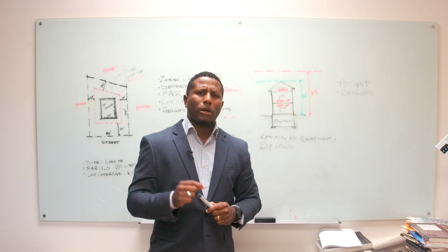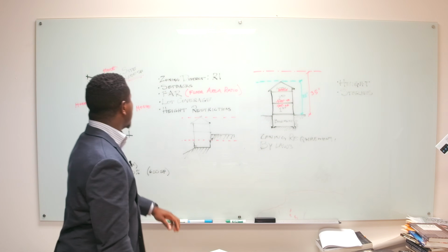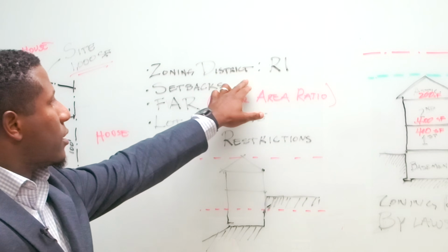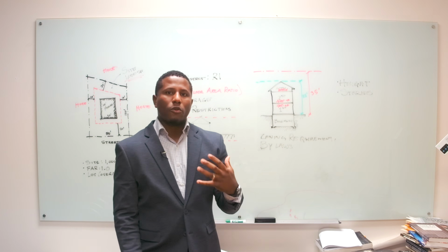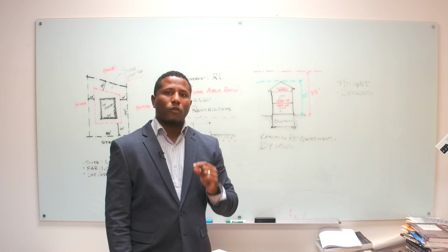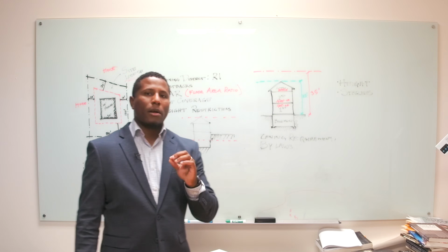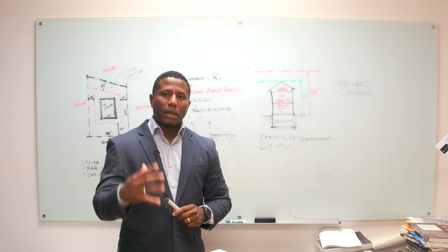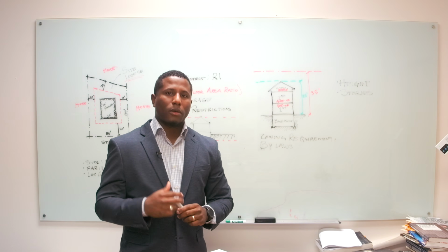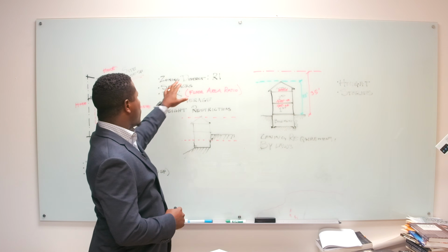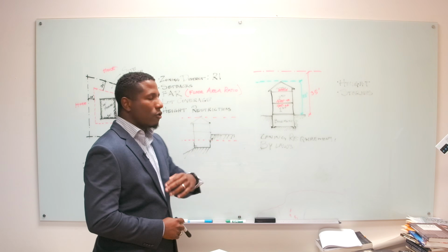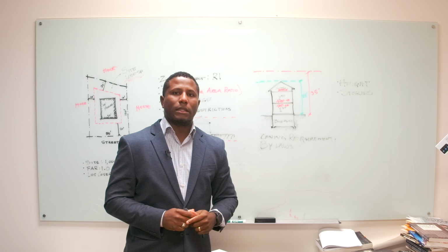So it's very important that you always refer to your zoning district, in which zoning you are located, in order to find the information about height restrictions. Very, very important. So I recommend clients always go back to your zoning district to understand what your limitations are.